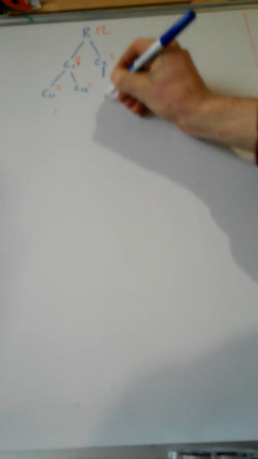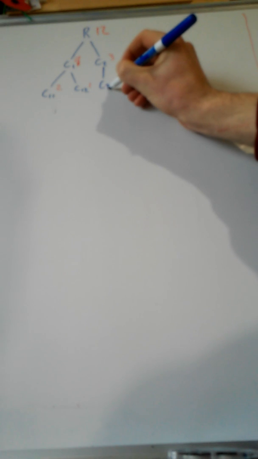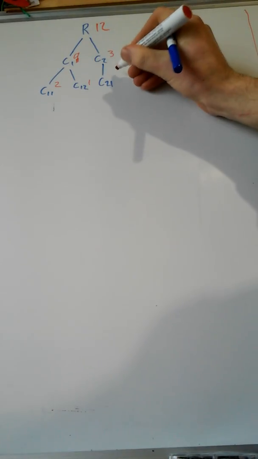The first parent in this row already has 2 children, right? So the second parent in this row does not have any children, so we can assign that a child. We can give that C21, and that will hold the number 2.